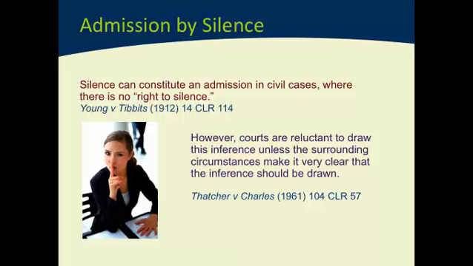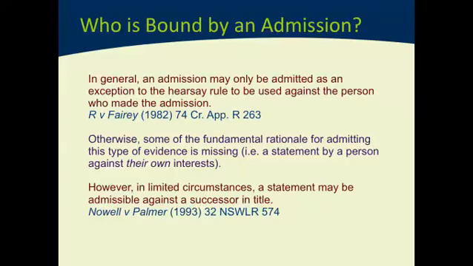And it's just about impossible to draw a really clear inference between his silence and an admission of the things that were being asserted by the mother. So this is one of those rules that you can understand at best by looking at circumstances where it doesn't work, rather than looking at circumstances where it does. So admissions can be made by silence, but the inference has to be so clear that the court is almost inevitably led to the conclusion that the silence was an admission.